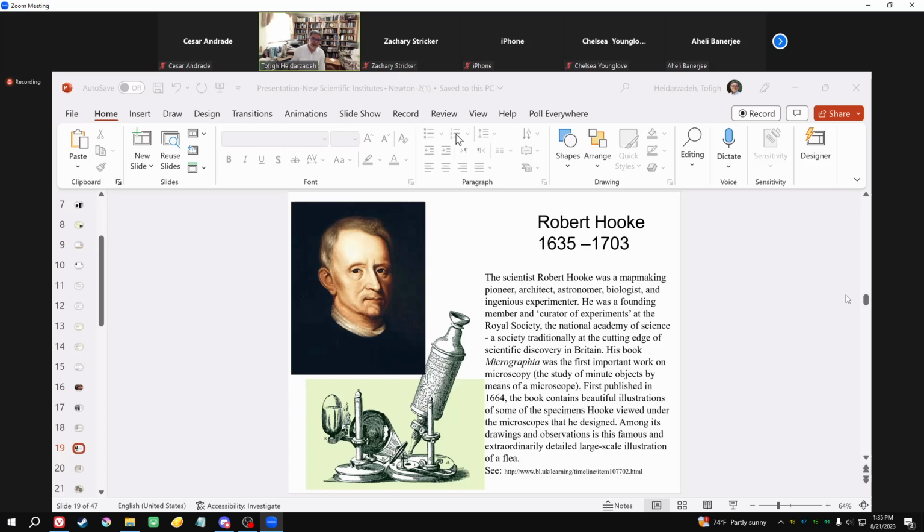There are even stories that a kid was playing with different lenses in a lens grinding shop, and he noticed that a combination of two lenses can make remote things look closer.